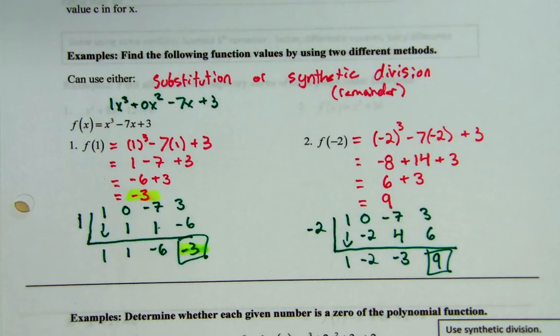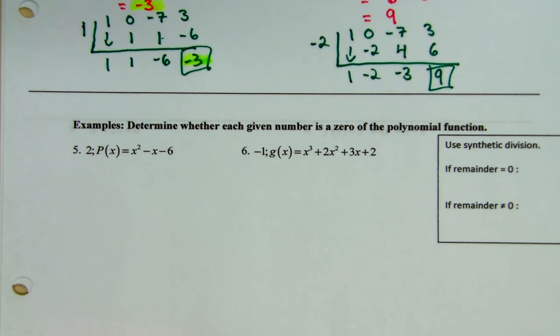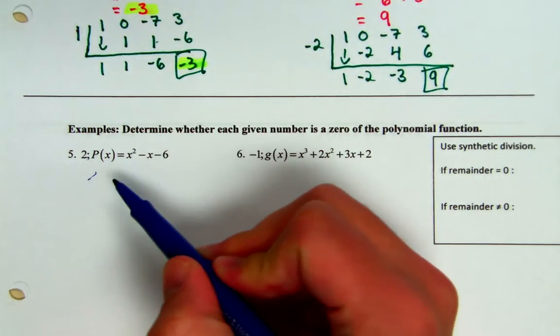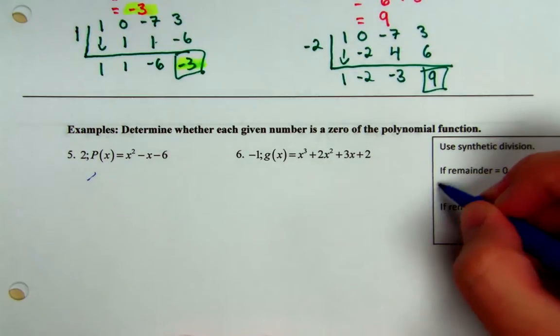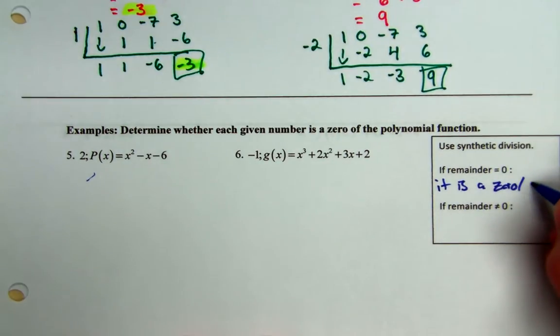So, another thing is we can determine if something is a 0 of a polynomial, which we've kind of already done using the factor theorem. Is it a factor or not? The big goal here is to use synthetic division. If the remainder is 0, then yes, it is a 0, so it is a 0 or solution.